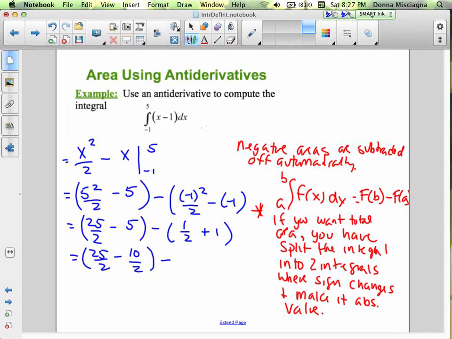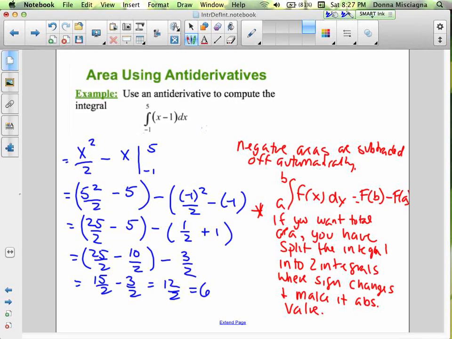Minus 1/2 plus 1, that's going to be 3 halves. So 25 halves minus 10 halves is going to be 15 halves. Minus 3 halves is 12 halves, which is 6.